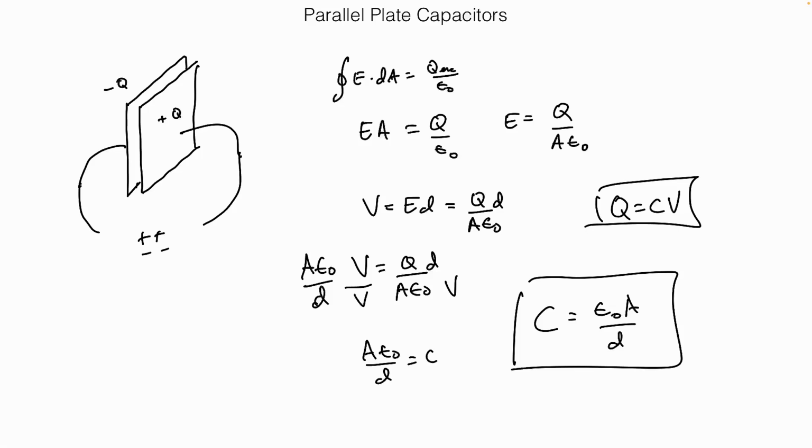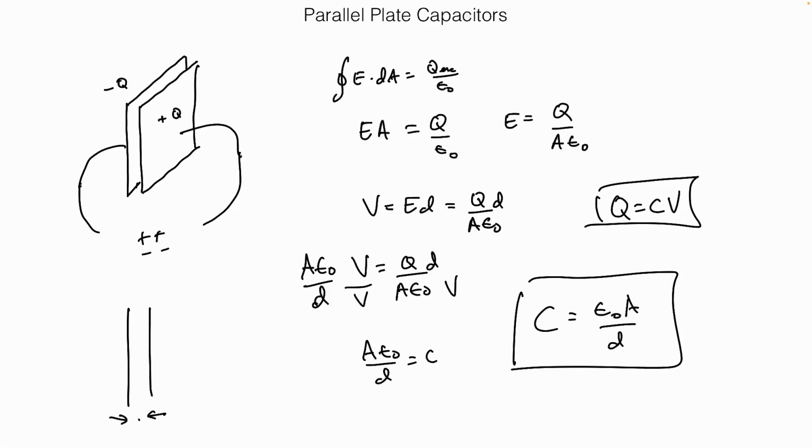The area there is the area of a plate. How do you find the area of a square? Right? D, that D right there, is the separation distance between the plates, right?